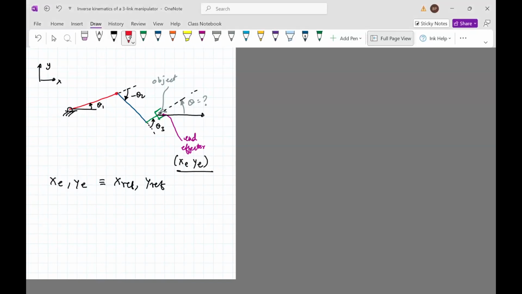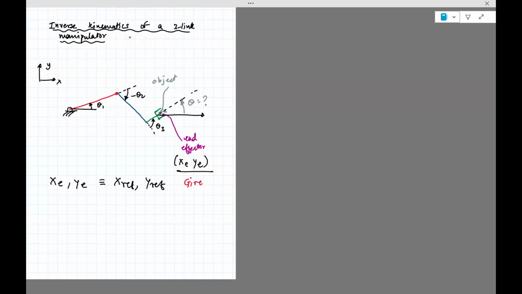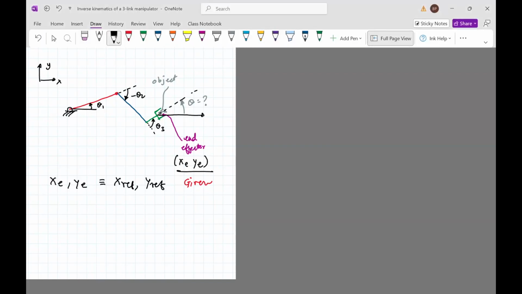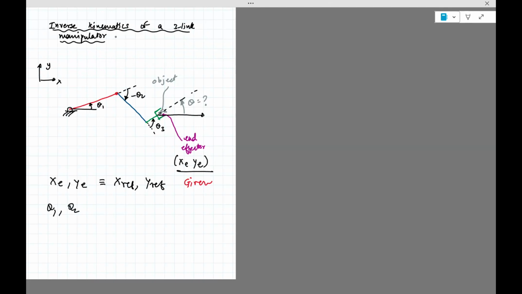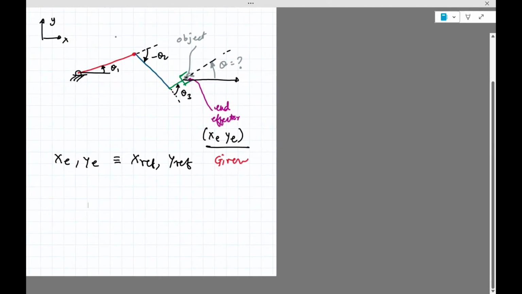This part is given. So we know where we want the end effector to be. What is unknown is theta 1, theta 2, theta 3 are unknowns.